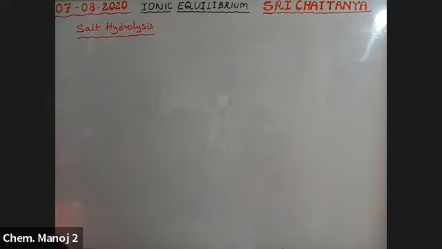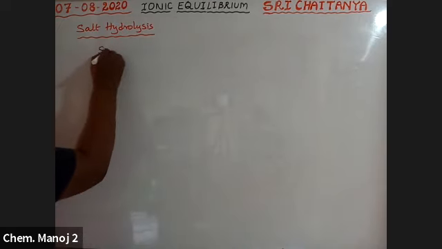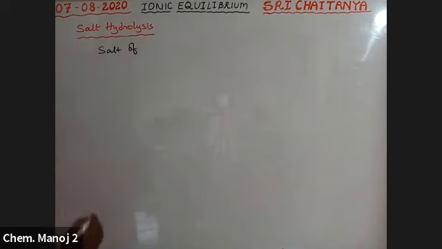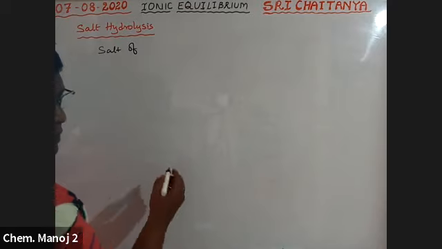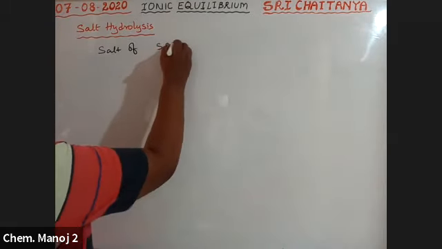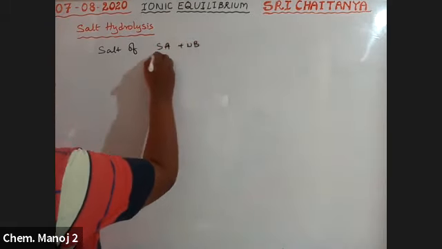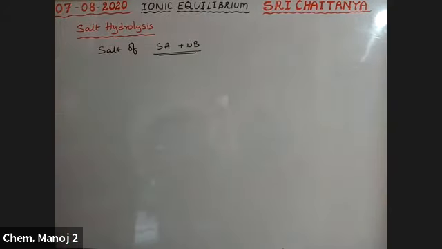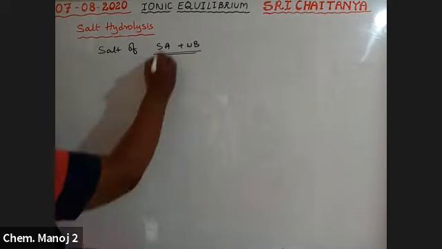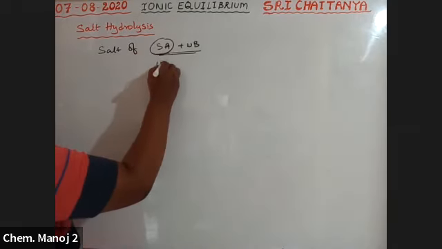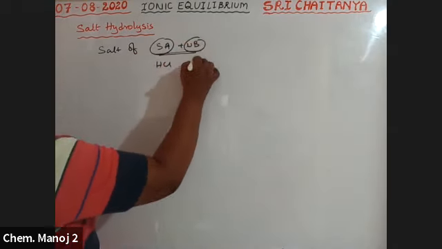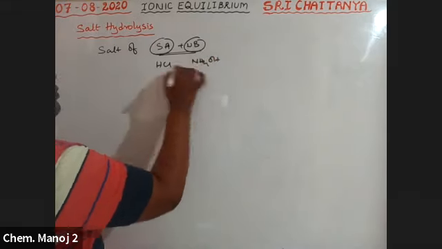See boys, our target is the salt of strong acid plus weak base. Okay, see here. Let us take the strong acid as HCl and the weak base as NH4OH.